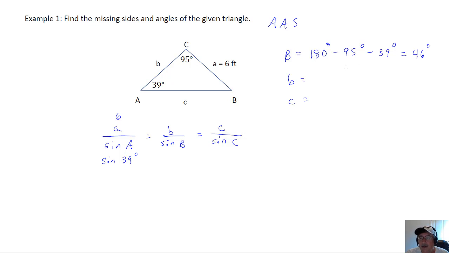I ended up getting 46 degrees for angle B, so I'm going to insert that into the law of sines. And angle C we were given as 95 degrees.